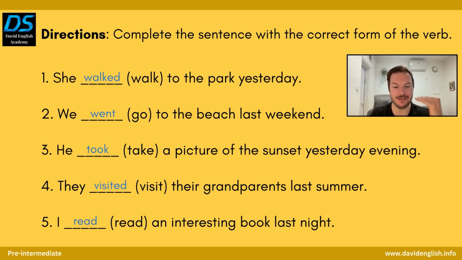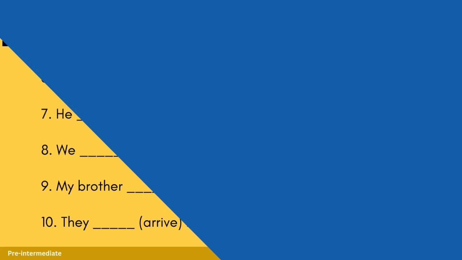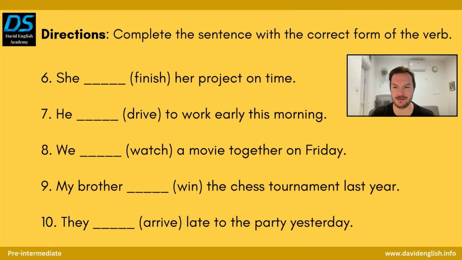I read an interesting book last night. Let's continue to number 6. She finished her project on time. What do you think? The answer is she finished her project on time.